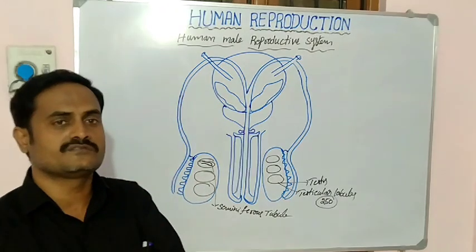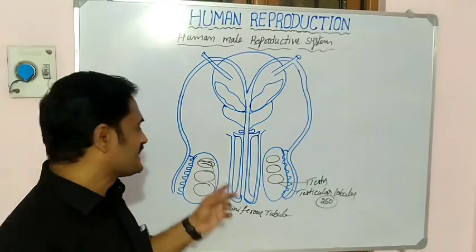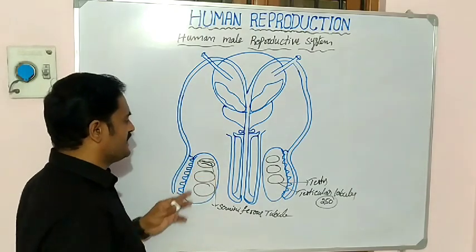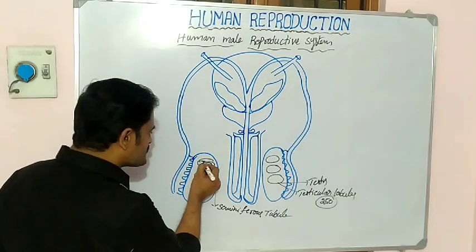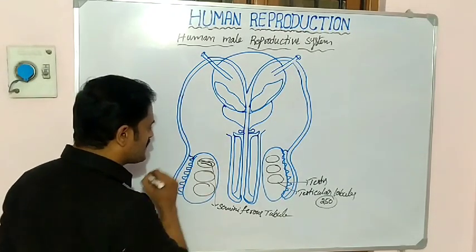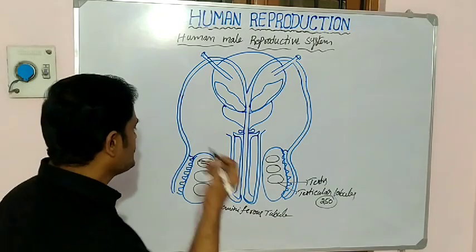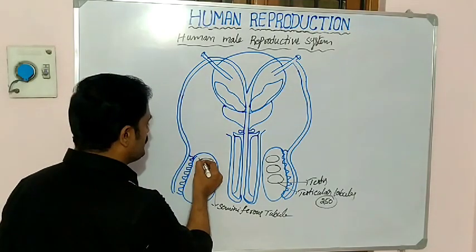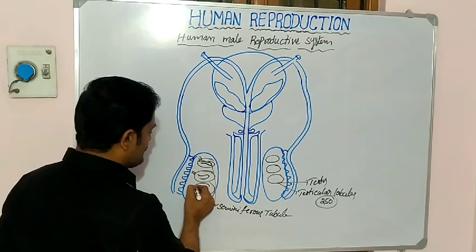The tube is called what? Tubular recti. And a network of arrangement is called rete testis. So the sperms are released into the tubular recti, after that the rete testis. Then after that it reaches one more set of tubes here.